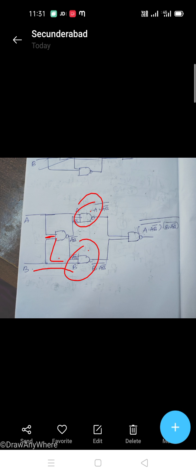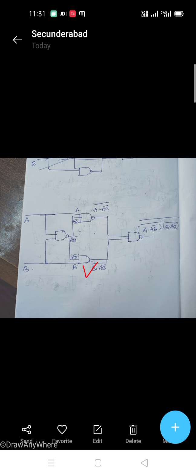So what is the output of this NAND gate? First, what is the output of this NAND gate? The inputs are A and AB bar, so the output is A into AB bar, whole bar, because this is a NAND gate. This is the output of this NAND gate.